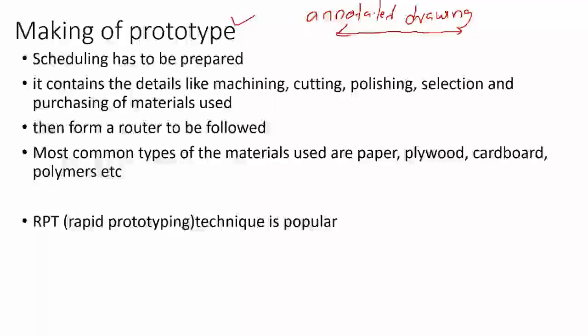Because when we make a prototype, we can ensure that the particular parts in the complete product can fit together exactly as in the required dimensions, right? So these things again and again we are discussing actually, so keep that in mind. I'm just recalling those here so that you can easily understand this particular part.